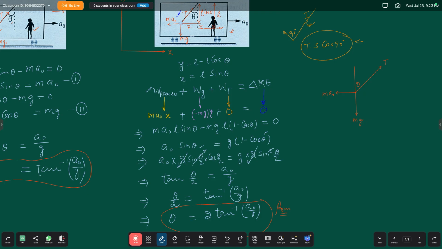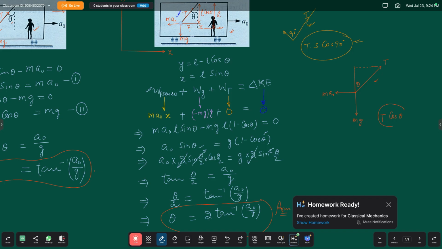So in this condition, because the bob has gone beyond, you can see that the angle is more than the previous one. So the bob has gone beyond the equilibrium position. What does this mean? The component of force T in the vertical direction will be lesser, because as theta increases, cos theta will decrease.